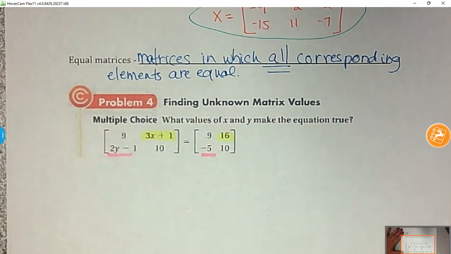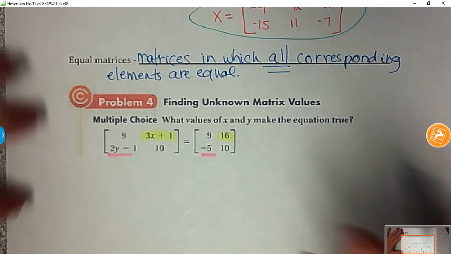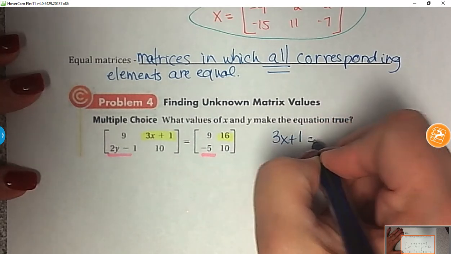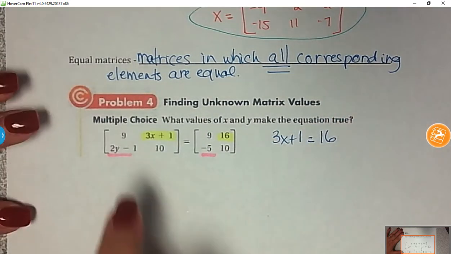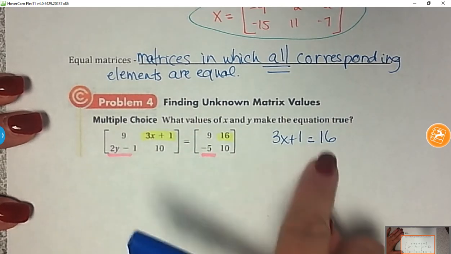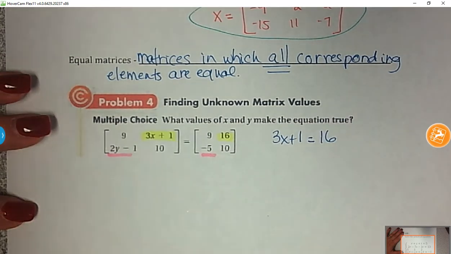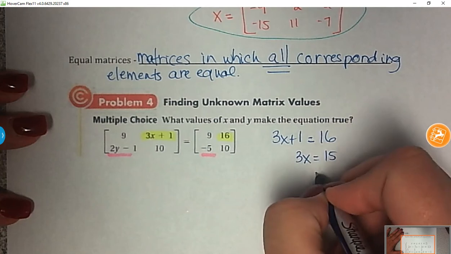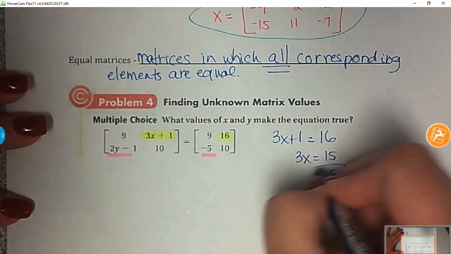What they want me to do is find the values for x and y that make the equation true. So I'm going to take my 3x plus 1. I know that it is equal to 16 because this whole matrix equals this whole matrix. So I can use this equation to solve for x. Subtract 1 from both sides and divide by 3. X is 5.